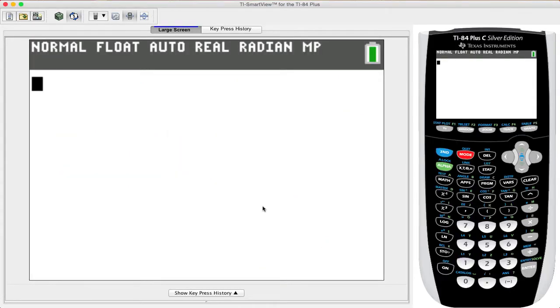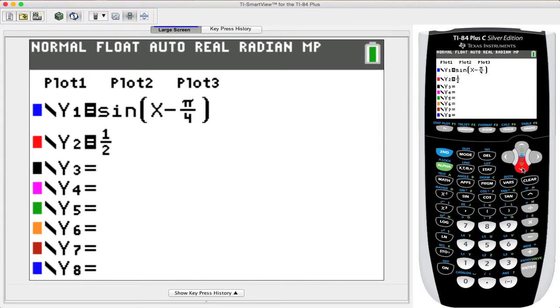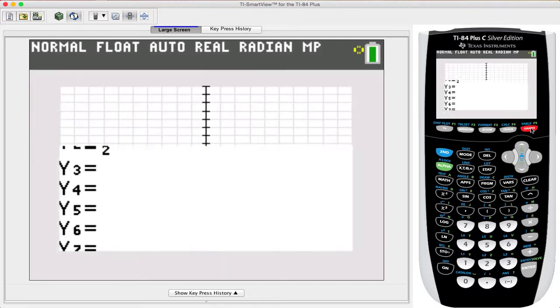So with the calculator, let's press y equals, and you'll notice that I already have the trig equation in place. For y sub 1, I have the sine of x minus pi over 4, and then for y sub 2, I have the value that that function is equal to, which is 1/2. And now let's press graph.